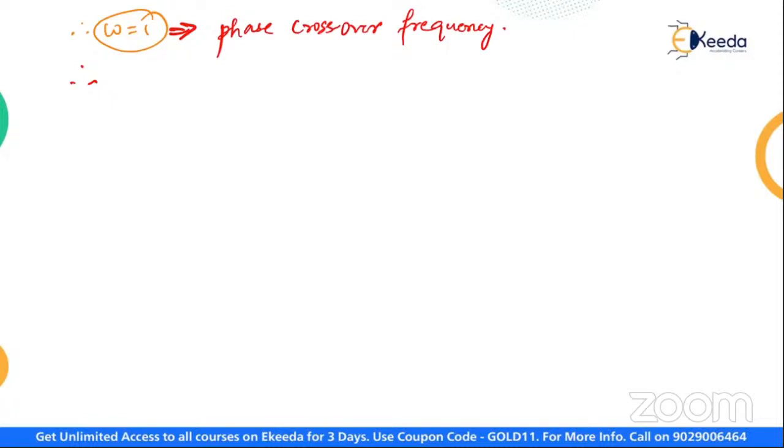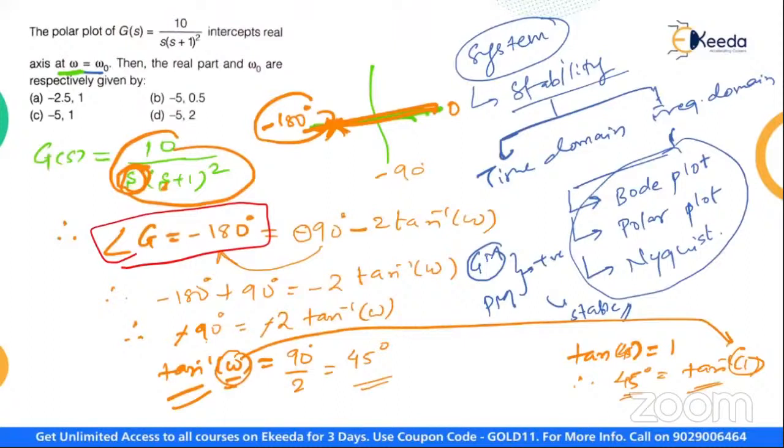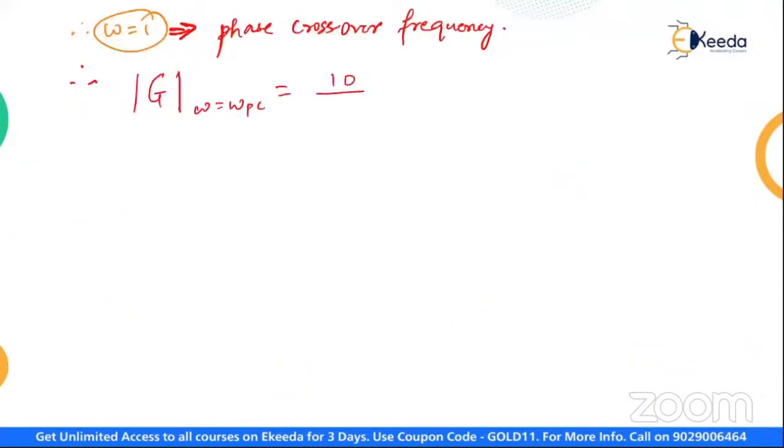Now, therefore, if it is called the phase crossover frequency, then what is happening? See, what is magnitude of G at omega equal to omega pc? That is nothing but this will give you gain margin, correct? So this is equal to 10 upon omega into 1 plus omega square, because we know s can be replaced by j omega, and we are interested in the magnitude.